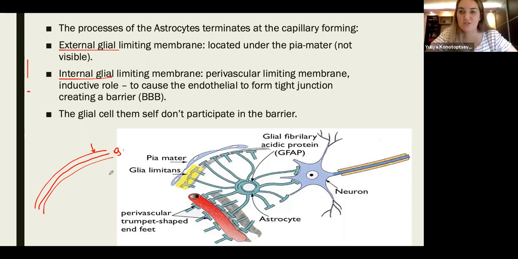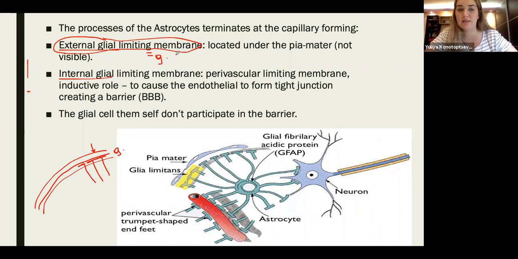Foot processes of the protoplasmic astrocytes. You remember they were coming out and these foot processes were creating this glia limitans. Another name for glia limitans, it is also known as the external glial limiting membrane. Okay, so glia limitans equals the external glial limiting membrane.